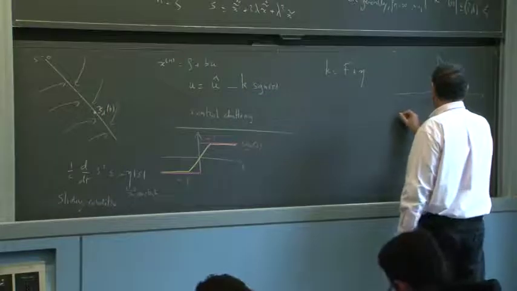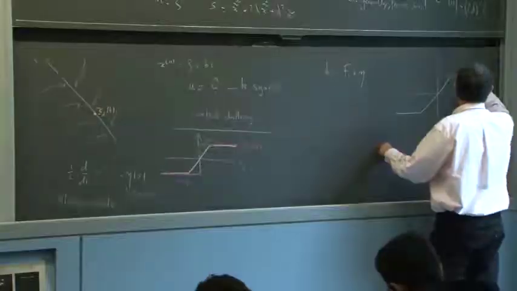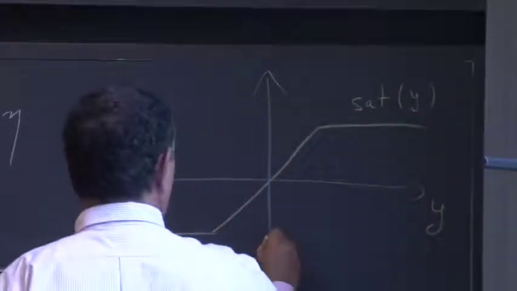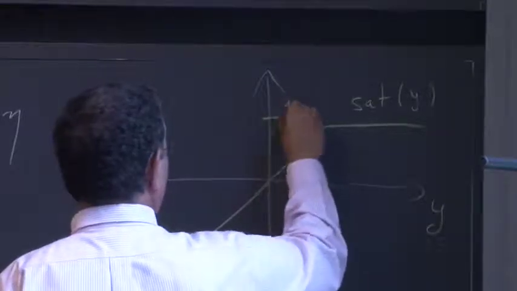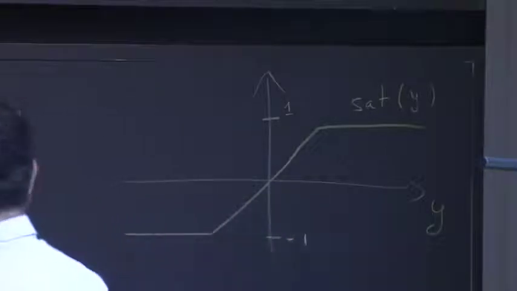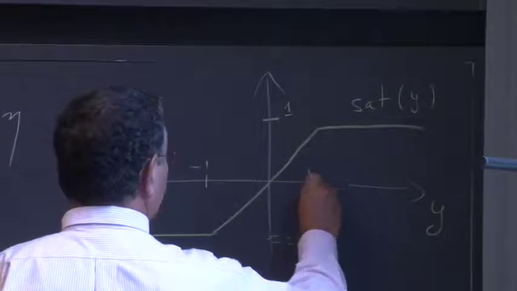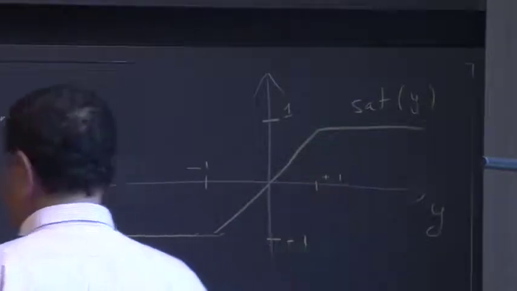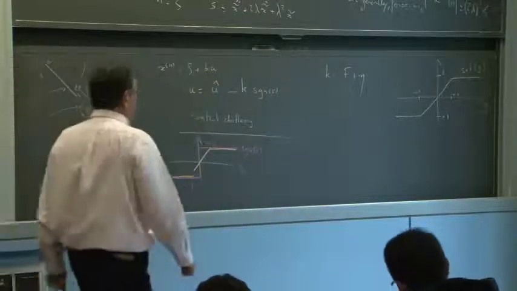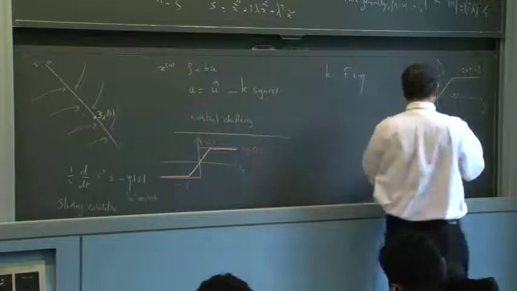Strictly speaking, a saturation function is something which goes from -1 to +1, just like the sine function, and that's this transition between -1 and +1. So that's a saturation function, denoted as sat.